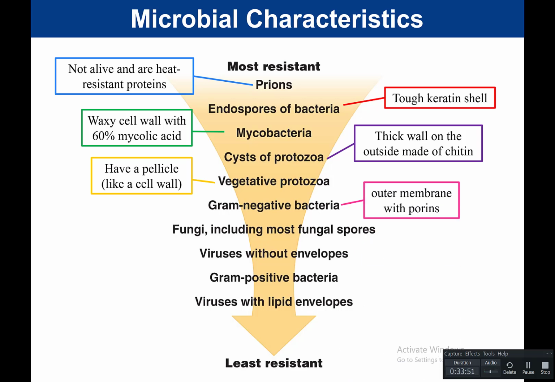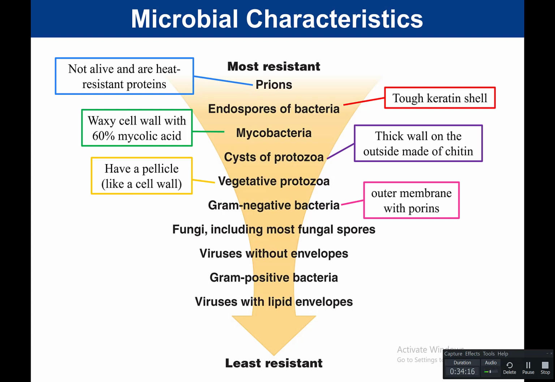If we look at gram-negative bacteria, they are going to be fairly resistant because they have an outer membrane with porins, and those porins regulate what goes in and out. Additionally, gram-negative bacteria are more likely to be bacteria that produce capsules or slime. And so gram-negative are going to be more resistant than gram-positive.